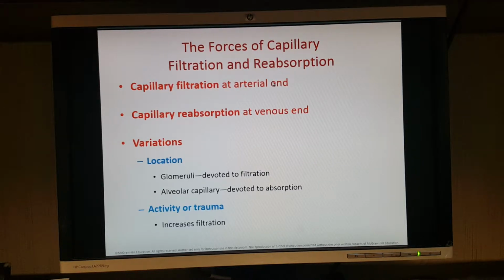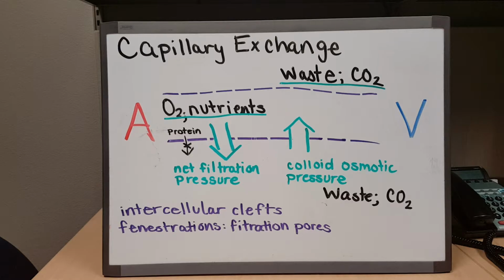And then your alveolar capillaries, so these are the capillary beds around those air sacs in your lung. Their purpose is to completely reabsorb all the fluid that's filtered through so that you don't end up with fluid building up in your lungs and preventing you from being able to breathe.